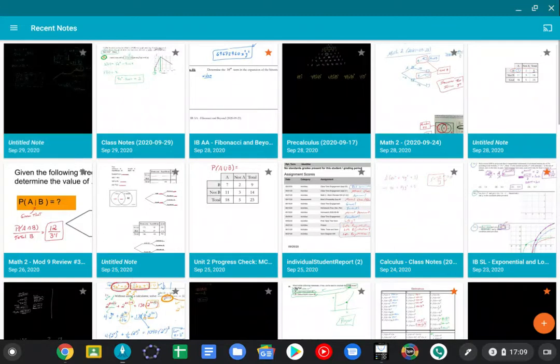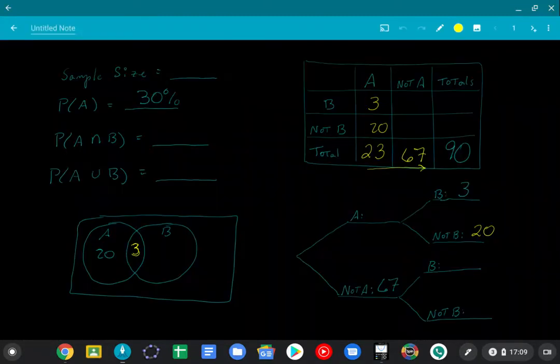Except there's one piece of information I did not use. It says the probability of picking, oh, it's supposed to be B. Sorry, I screwed that up. The probability of picking B is 30%. So whatever number goes right here, x over 90 has to equal 30%, right?